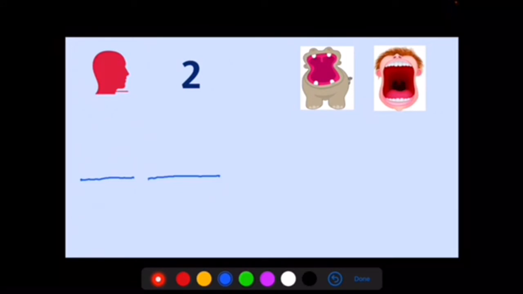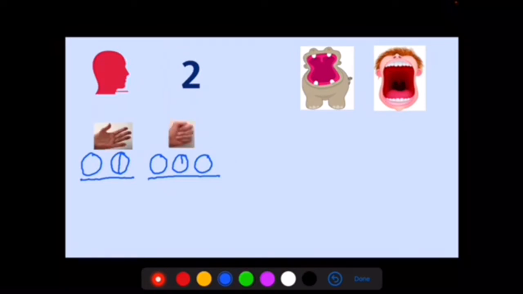So, let's write the sounds. G, A, P, I, a short vowel sound, ng. I can only hear one sound, ng, but my tongue is at the back of my mouth. I have an open syllable and I have a closed syllable by that sound with the tongue at the back of my mouth.